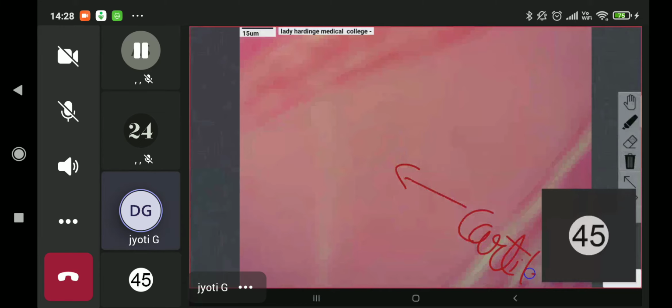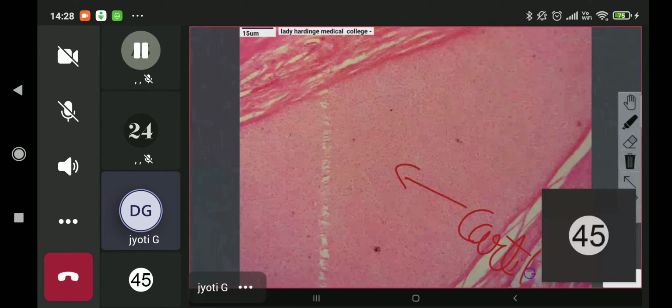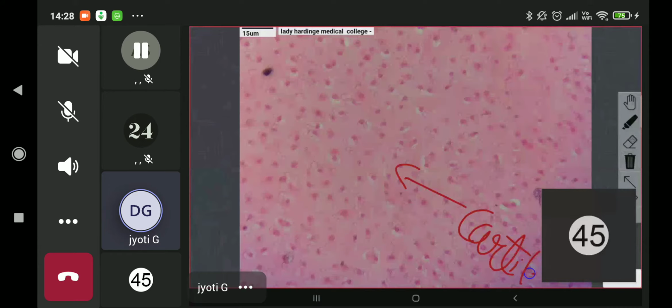Can you all see the lacunae and chondrocytes within the lacunae? Can you all see, appreciate? This is cartilage. So cartilage is again mesodermal.